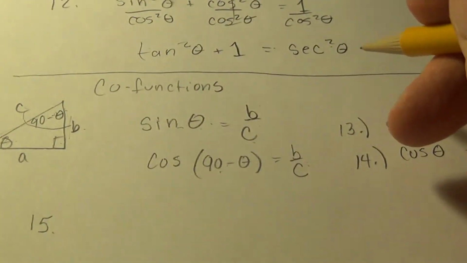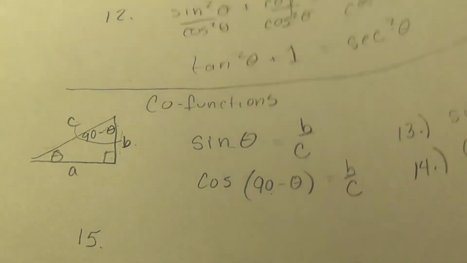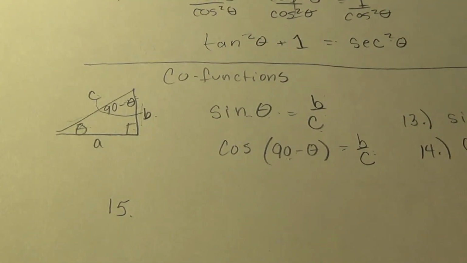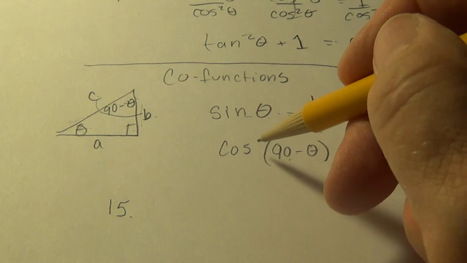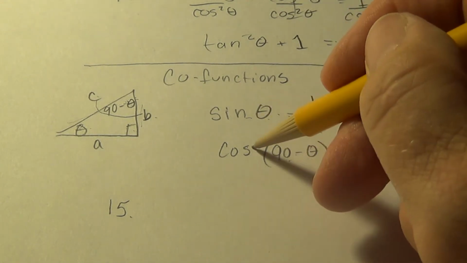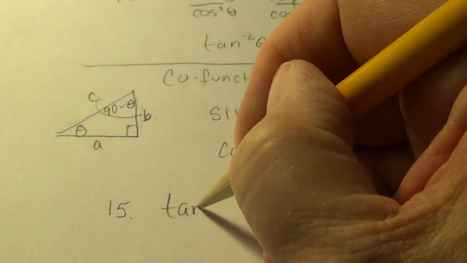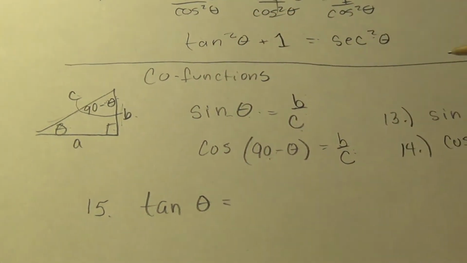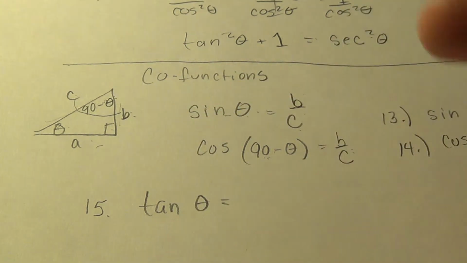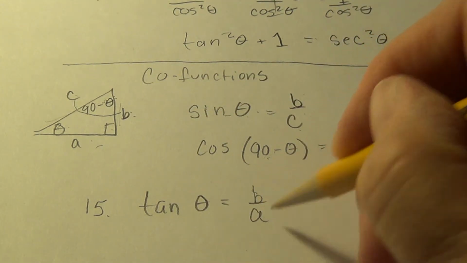And let's see if we can get this triangle back in view. This time, let's look at, let's see, sine and cosine. Let's do tan. Tan theta. So tangent in this triangle is opposite over adjacent, b over a.